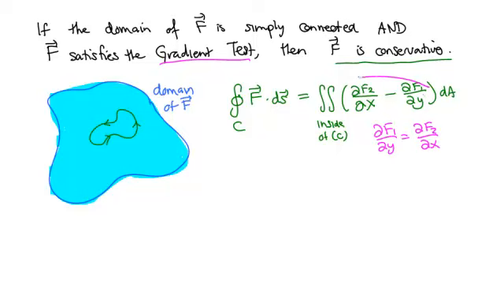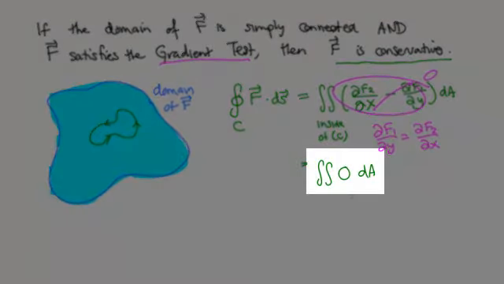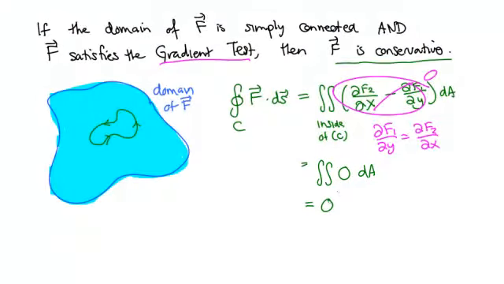But if that's the case, then this difference has to be 0, and so we're integrating the function 0 dA over some region. So this is the volume underneath the surface of height 0 over the region. That's going to evaluate to 0. And so we've shown that this evaluates to 0.